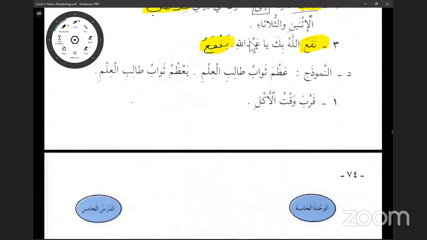Yakrubu waqtul akli. Yakrubu, the time for eating is approaching. It's from the verb of karuma yakrum. Aywa. Jazakallah khair.